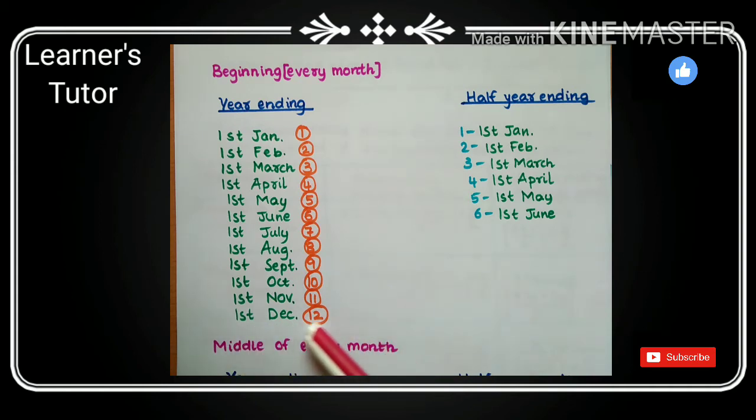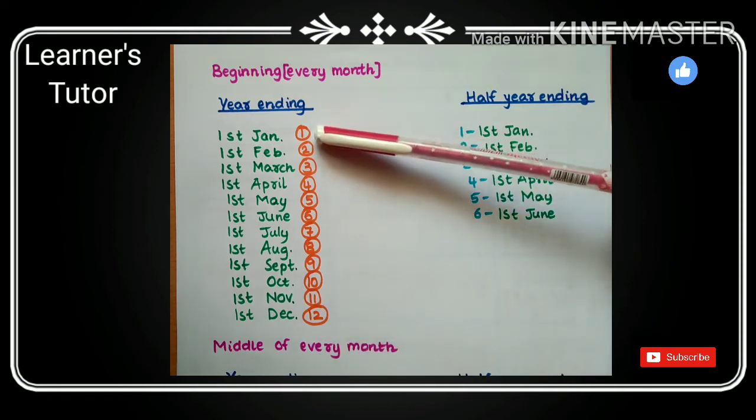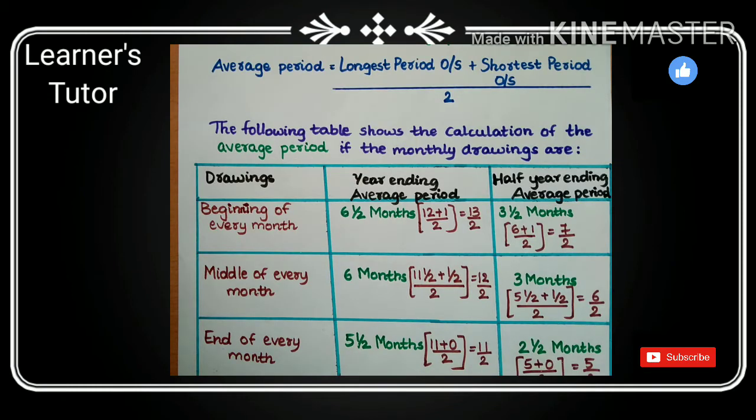This is the longest period. The shortest period in the first month is 1. So when we apply the formula, longest is 12 and shortest is 1, divided by 2 will give you 13 by 2. That is nothing but 6.5 months.